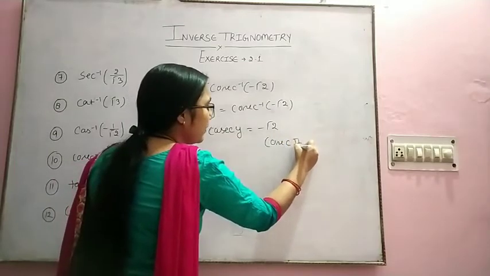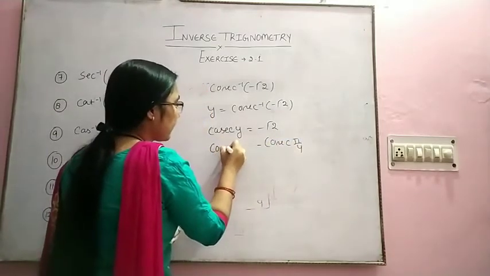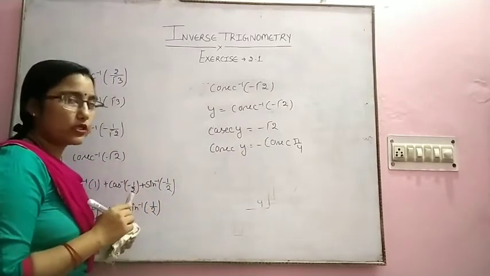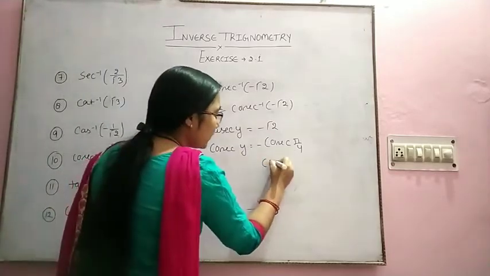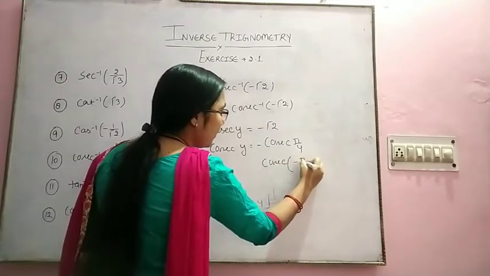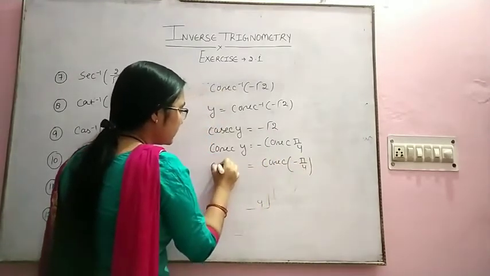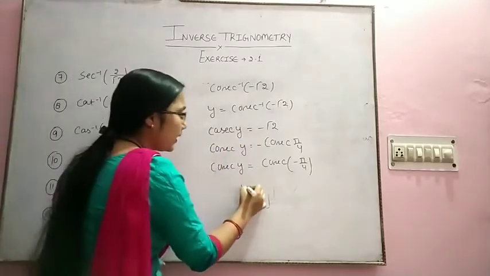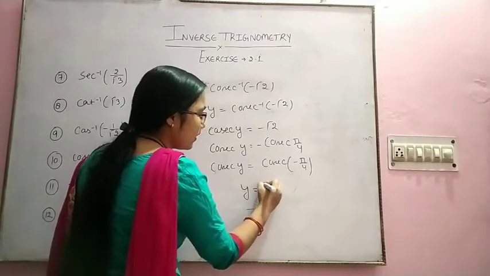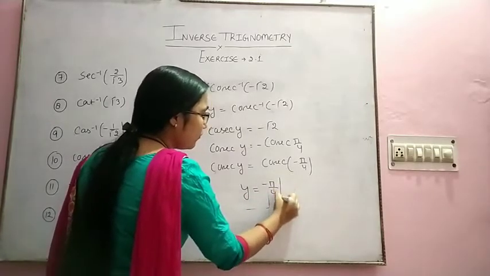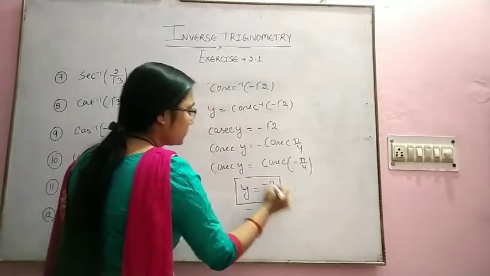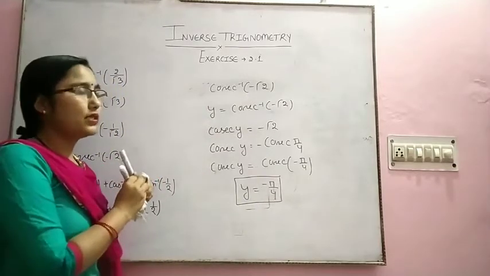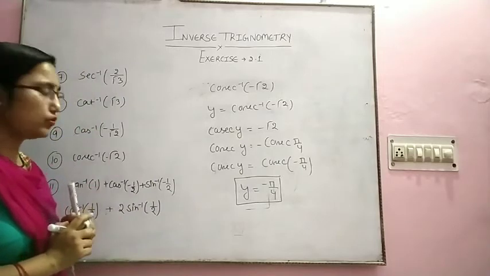Minus theta in cosec is also written as cosec minus theta. So that's why we can write cosec minus pi by 4. This is cosec y. Cosec and cosec will be cancelled out. We get y equals minus pi by 4. This is the principal value for cosec inverse minus root 2.